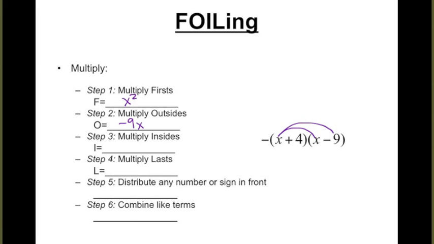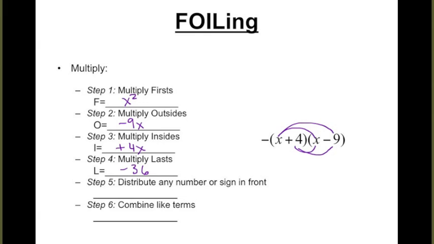Then inside takes the 4 and multiplies it by the x, and that would be positive, because it's a positive 4 and a positive x. And then the last takes the 4 and multiplies it by the negative 9, which gives negative 36.